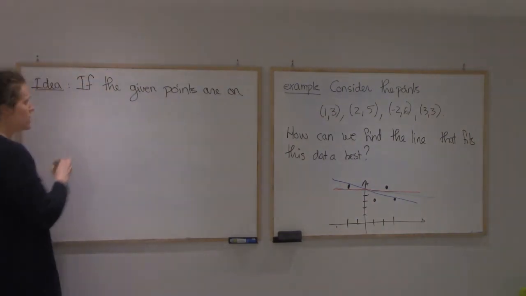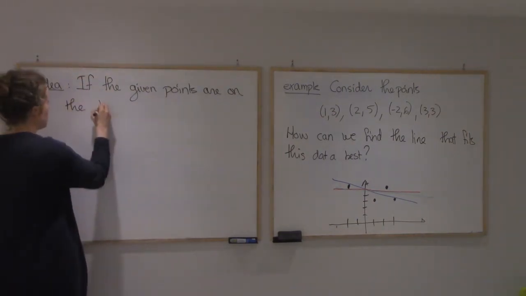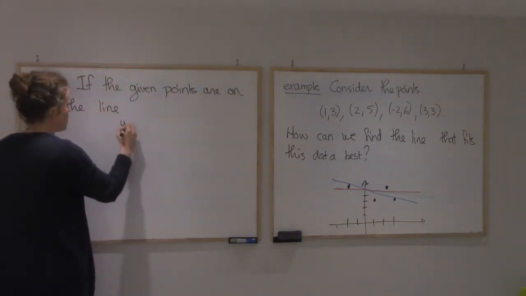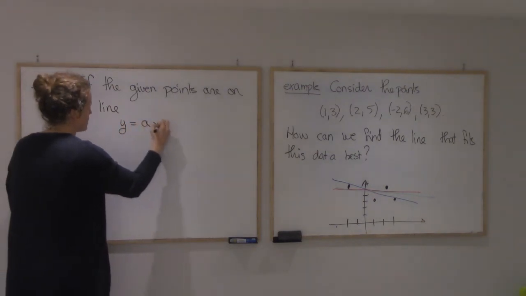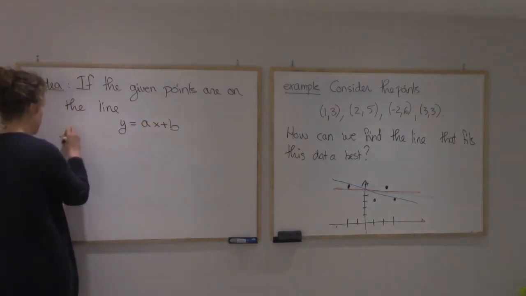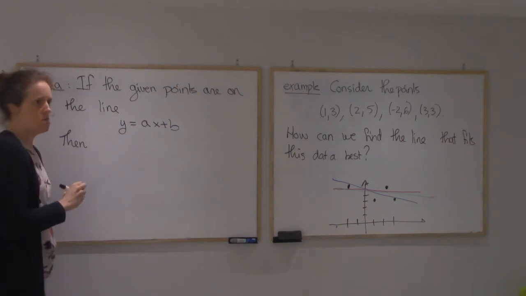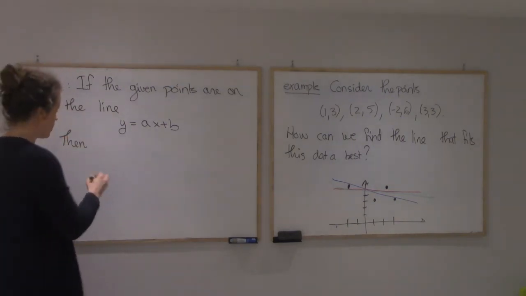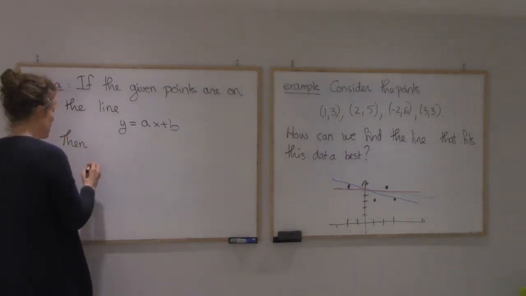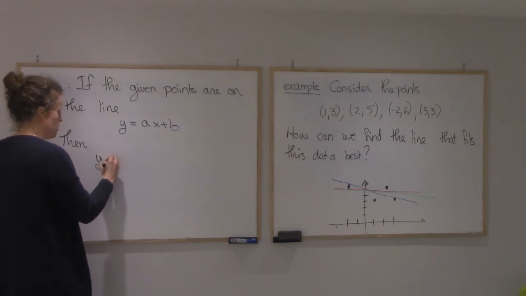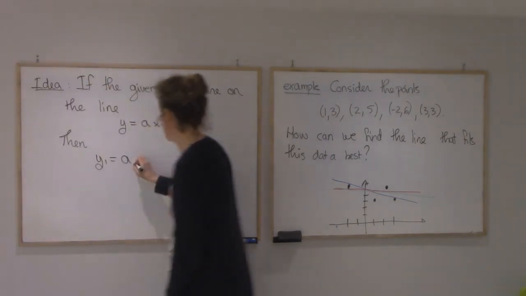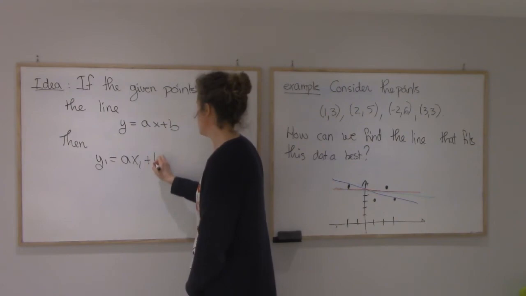If the given points are on the line y equals ax plus b, then for each point I get an equation that must be true for a and b. So y1 would be a x1 plus b.